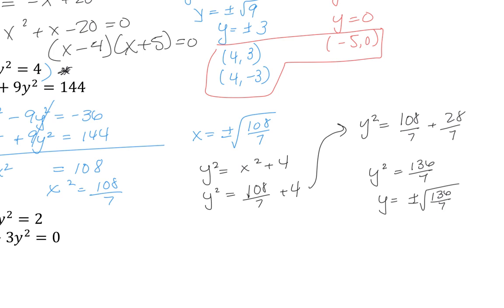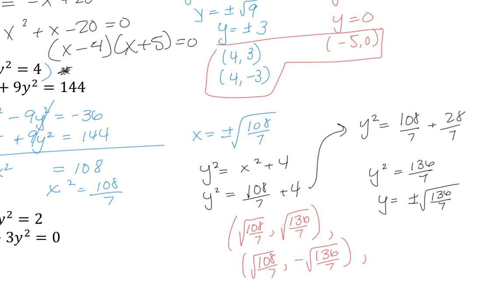Okay, so how does this solution work? Well, with this solution, I have to get first the positive. I'll do the positive square root of 108 over 7 for the x, and I'll take the positive square root of 136 over 7 for the y. And then I'm going to do the positive square root of 108 over 7, and then choose the negative square root of 136 over 7.